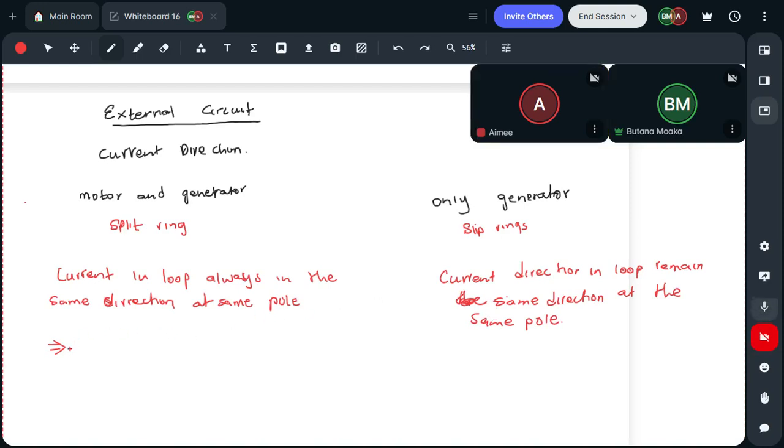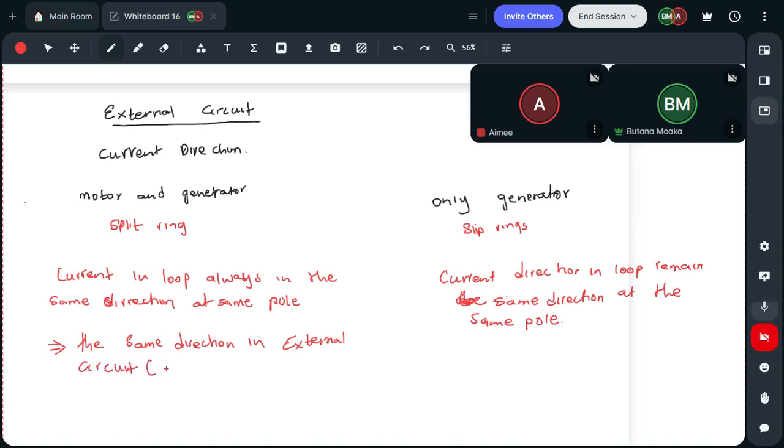Meaning the current cannot move over the split. So let me write this down. The same direction in the external circuit.